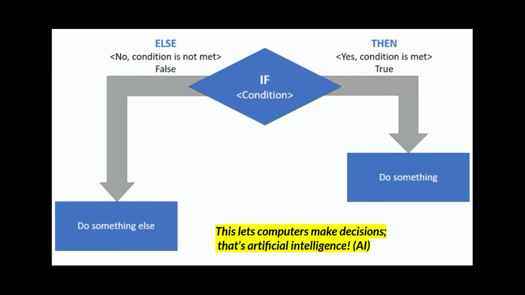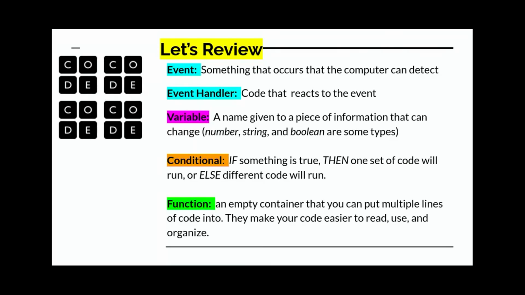Okay, so conditionals are very important. They're very cool. And if you're trying to make something interactive, like a video game with other players or enemies that seem really realistic and alive, you need to be using conditionals. So let's review from the top. An event was something that occurs, something that happens that the computer can detect.